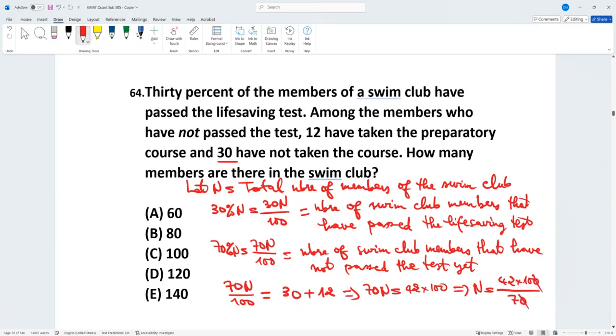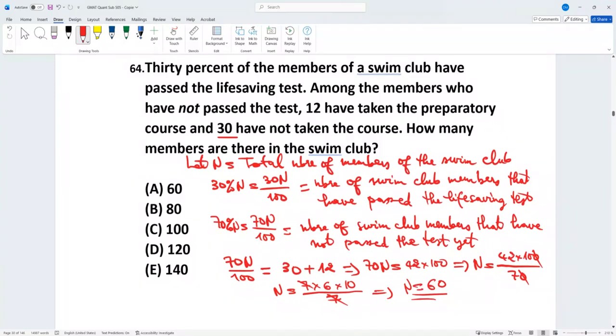So 42 is 7 times 6, and then we have times 10 divided by 7 here. When you cancel the 7, n is going to be equal to 60. So you see, that's how you find the answer to the question. So answer A.